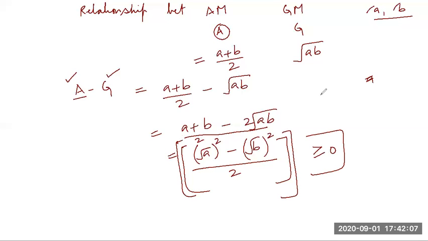See, let's say you have two numbers x and y, and it says x minus y is greater than or equal to 0. So what does it mean? If x minus y is greater than or equal to 0, it definitely shows x is either equal to y or is greater than y.